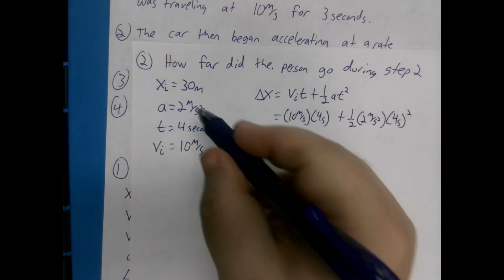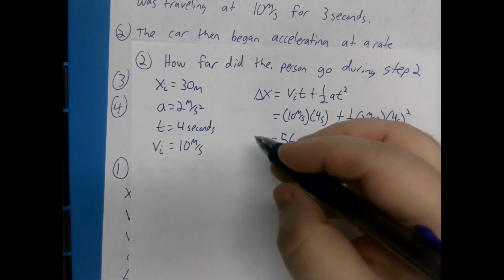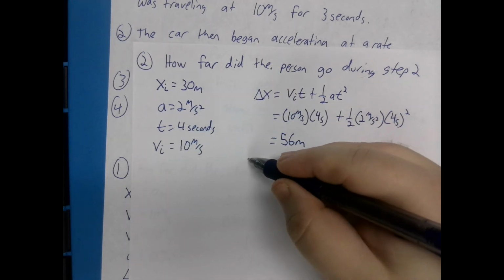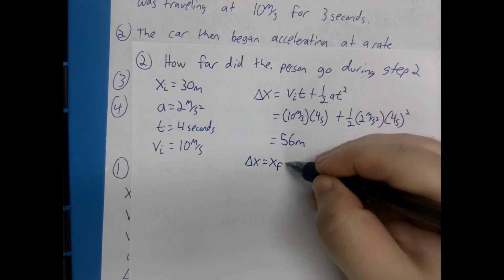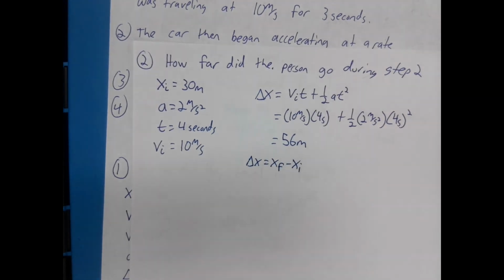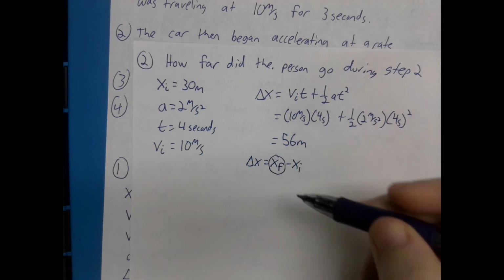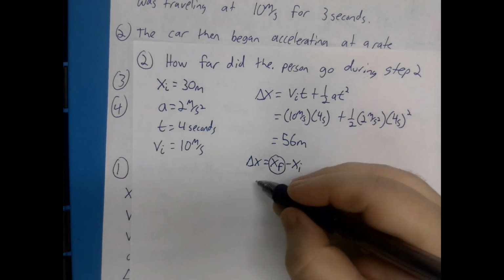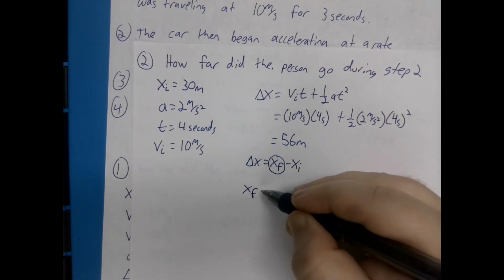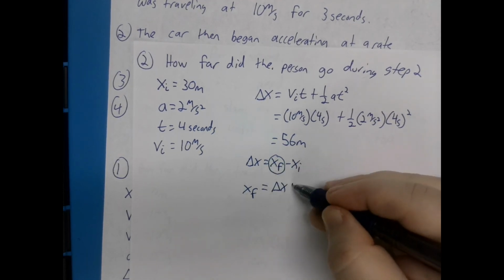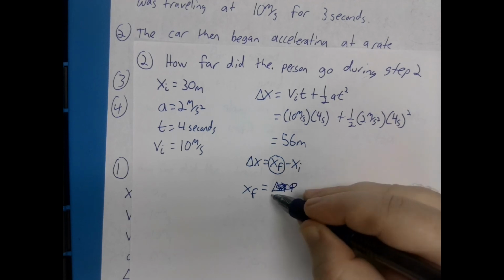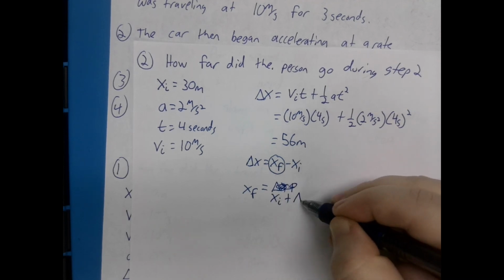So if we changed by 56 meters, remember that delta x is equal to xf minus xi. If I want to solve for xf, I'd add xi to both sides. So xf would be equal to xi plus your change in x.